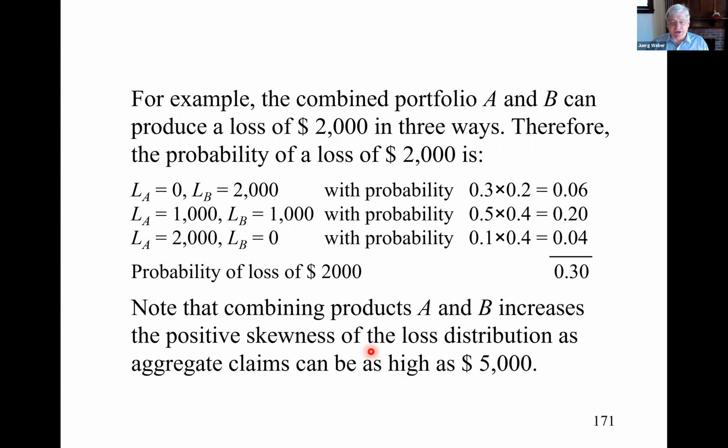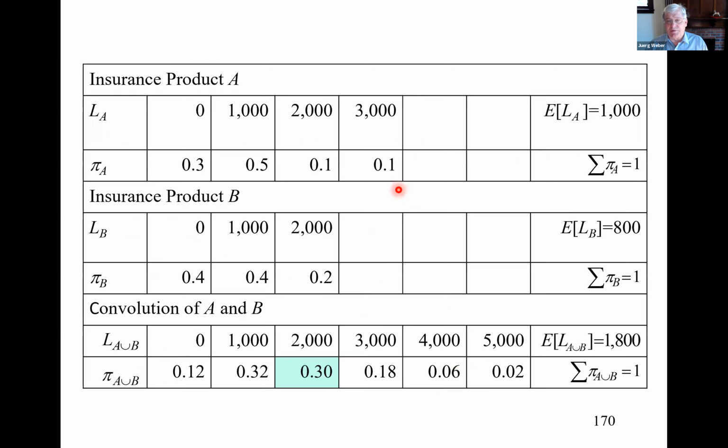Also note that the positive skewness of the loss distribution is now much higher. The highest possible claim is now 5000. You see, before it was 3000, 2000, but now the overall claims can go up to 5000. So we have here a bigger positive skewness in the distribution.